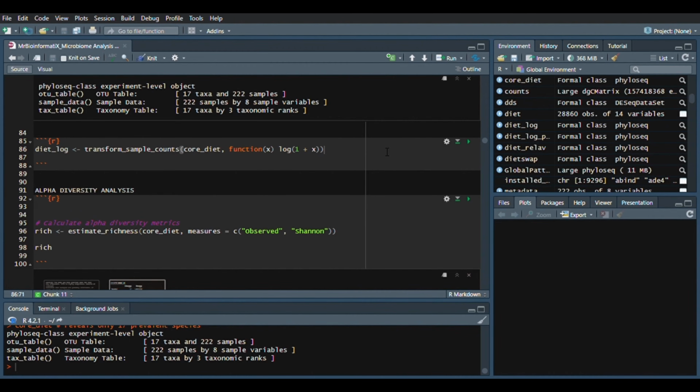This transformation will enhance the interpretability of our results by reducing the impact of highly abundant taxa and revealing the contributions of low abundance species. We write diet log, transform sample counts, and we put the core data, and then function x, and then log 1 plus x. Let's run our code.